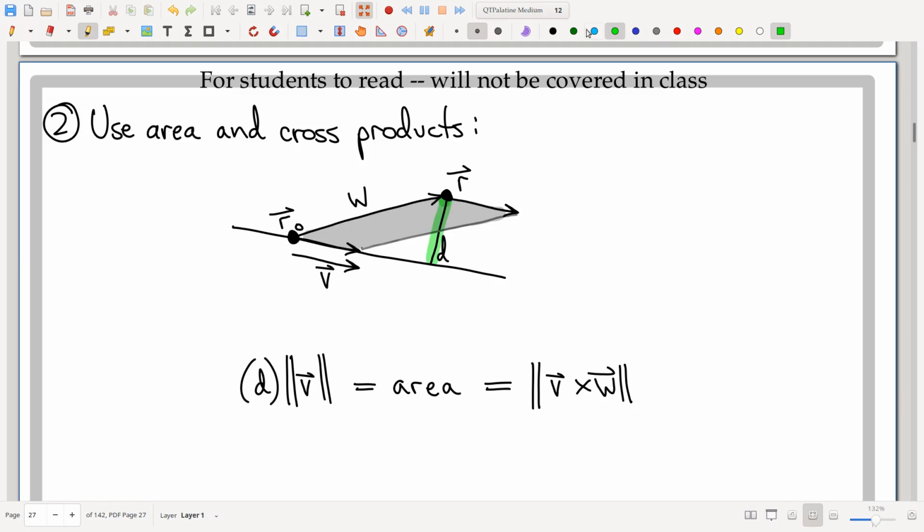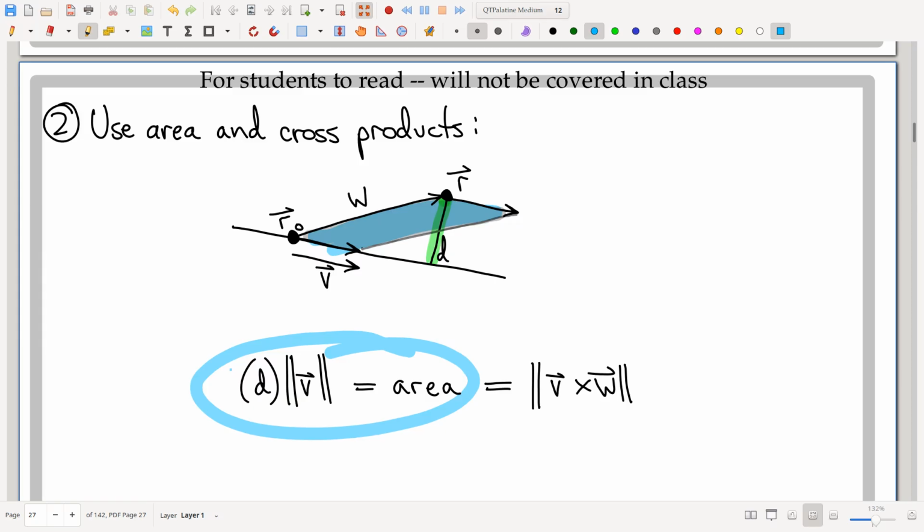And so what I'm going to do is I'm going to compute this area for no apparent reason other than to say that, well, that area clearly involves the thing I'm interested in. So now the first observation I'll make is that area is the distance I'm interested in times the length of the base, right? So this is a high school geometry thing, height times the length of the base.